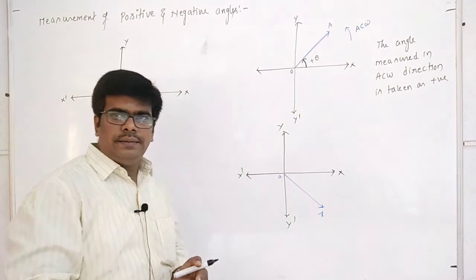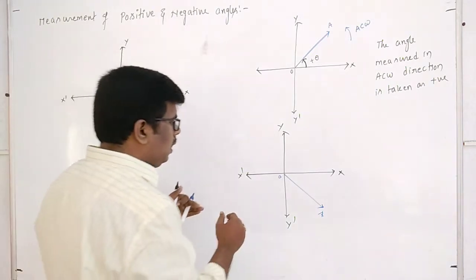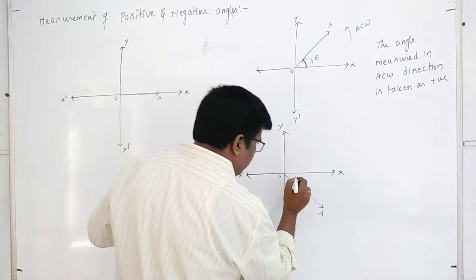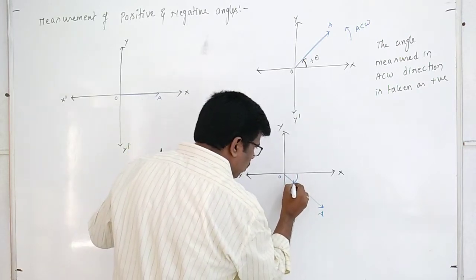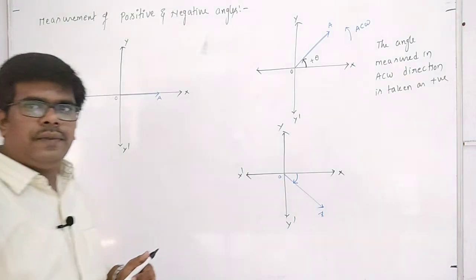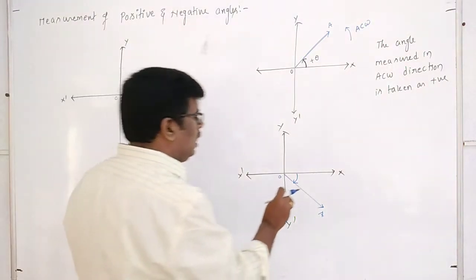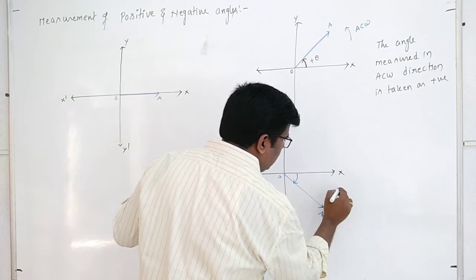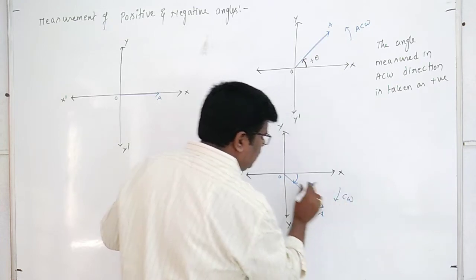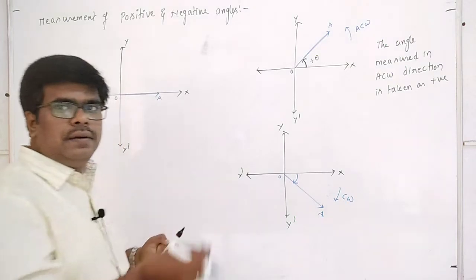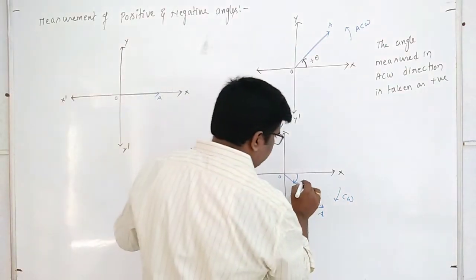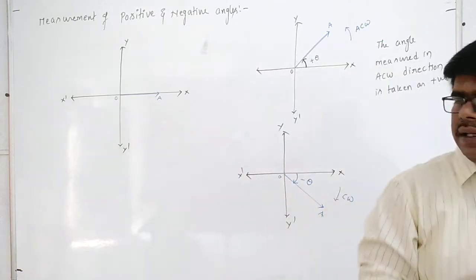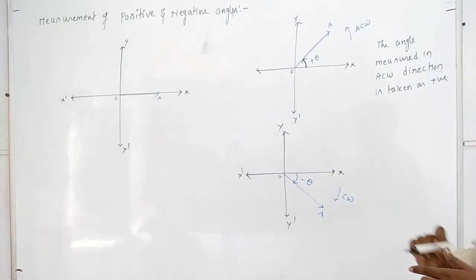The angle made by the ray with the positive x-axis, we are measuring in the clockwise direction. When you measure the angle in clockwise direction, we give a negative sign for it. So this is minus theta. The angle measured in the clockwise direction is taken as negative.